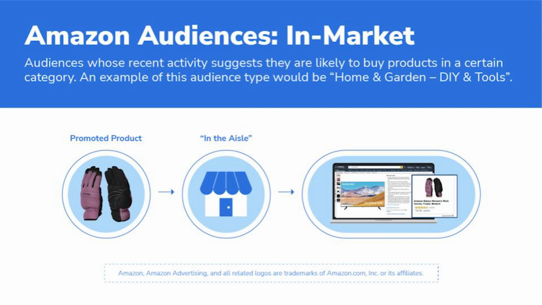So if the person has saved a lot of items related to gardening, Amazon can see that. So if you've got gardening gloves, as in this example, then again, when that person is shopping for something different, like a TV, they might see your ad for gardening gloves on that product detail page, and they might make that purchase based on their interest.